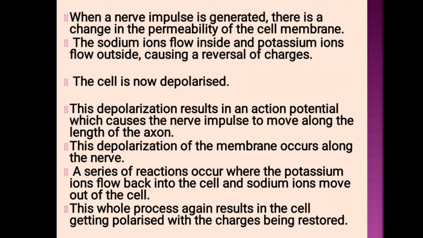The cell is now depolarized, and this depolarization results in an action potential that causes the nerve impulse to move along the length of the axon. And what is an axon? An axon is a long thread-like part of the nerve cell that conducts electrical impulses and transmits the information to different neurons.